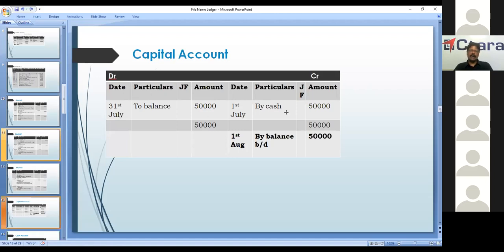Okay, once again, you have to prepare ledger for all the transactions. Capital account. The journal entry is cash account debit to capital account. Invested cash rupees 50,000 to commence the business. That means capital is invested. Vijay has invested capital.